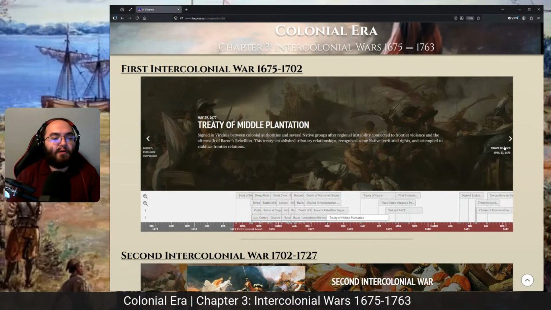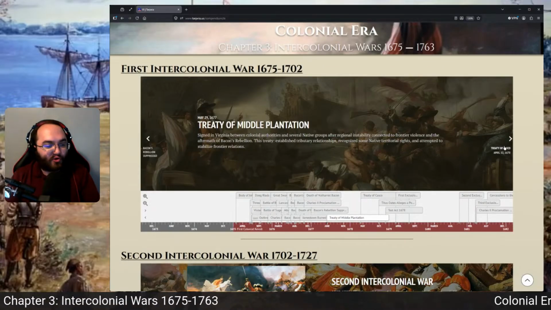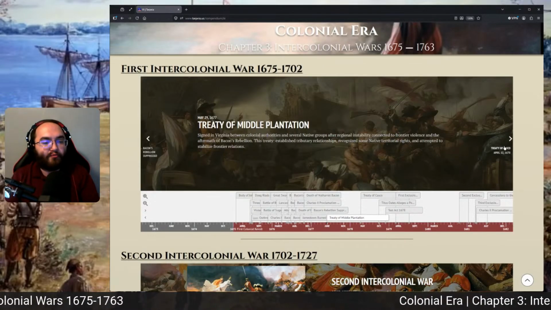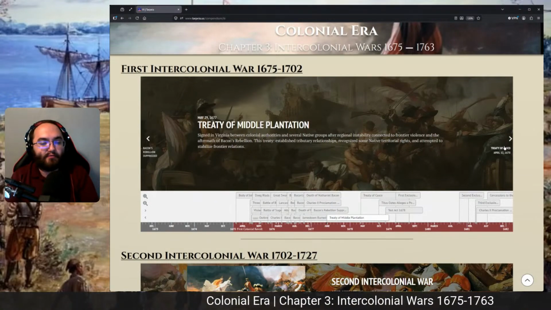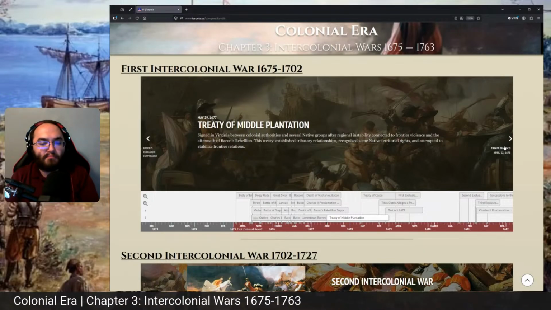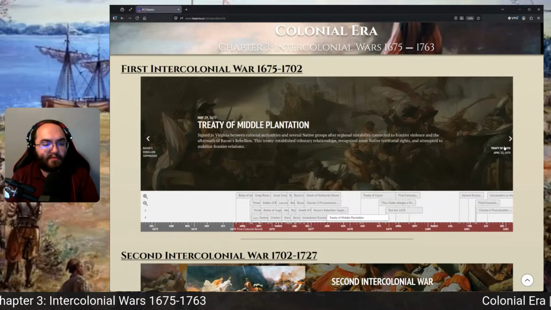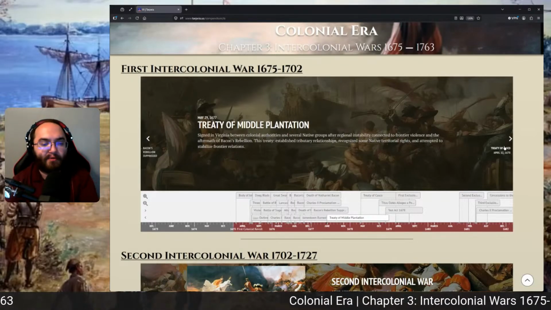Because of the fighting that Bacon and his men started, there is going to be a Treaty of Middle Plantation between Virginia and several native groups in order to restore some semblance of peace on the frontier in the aftermath of Bacon's rebellion.